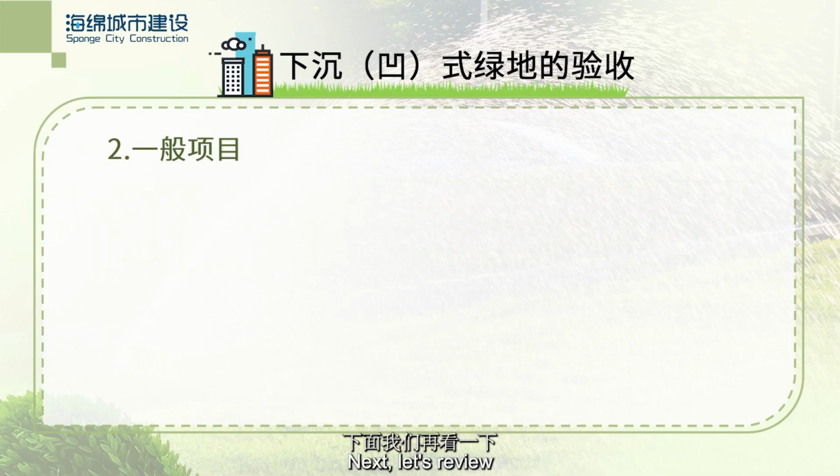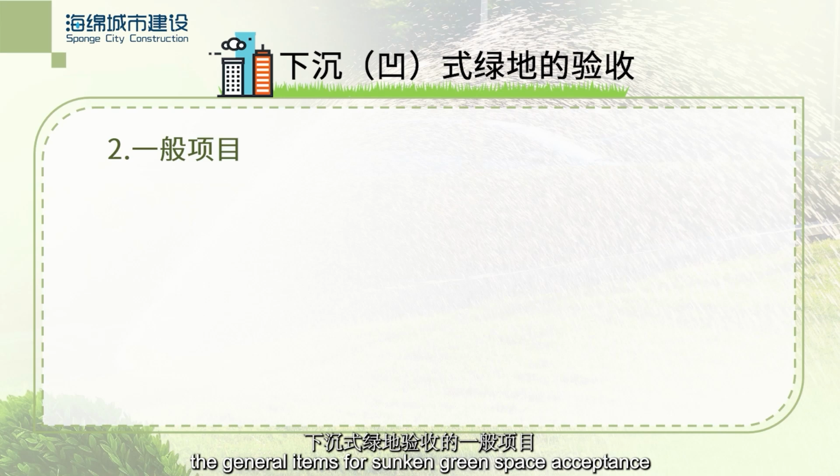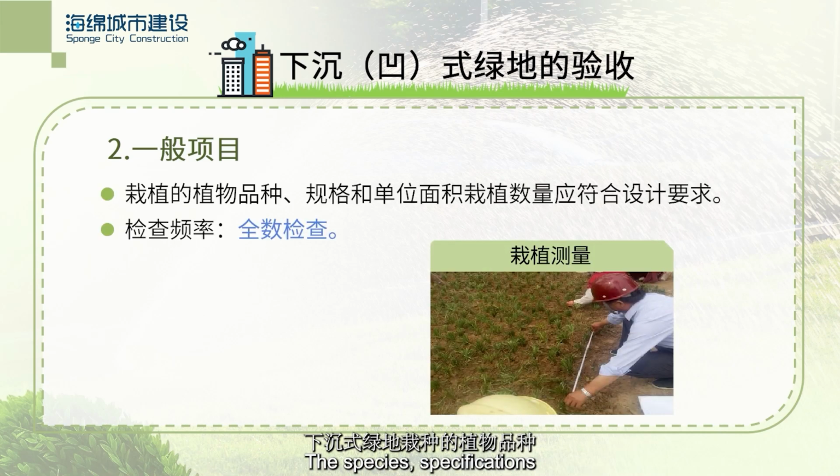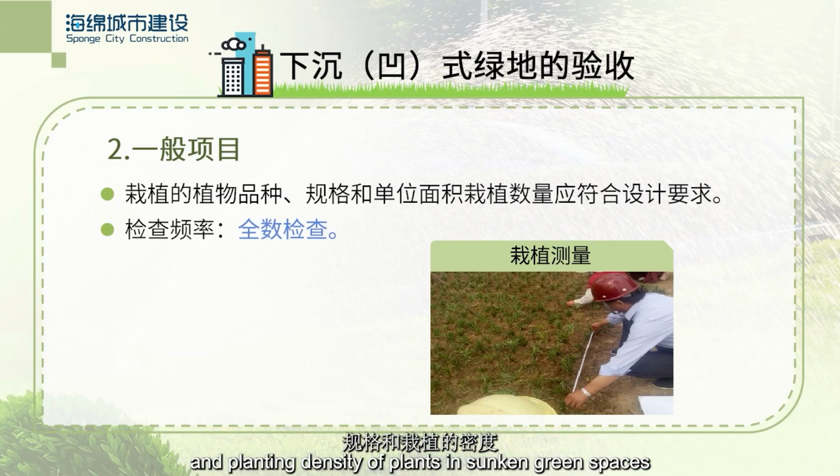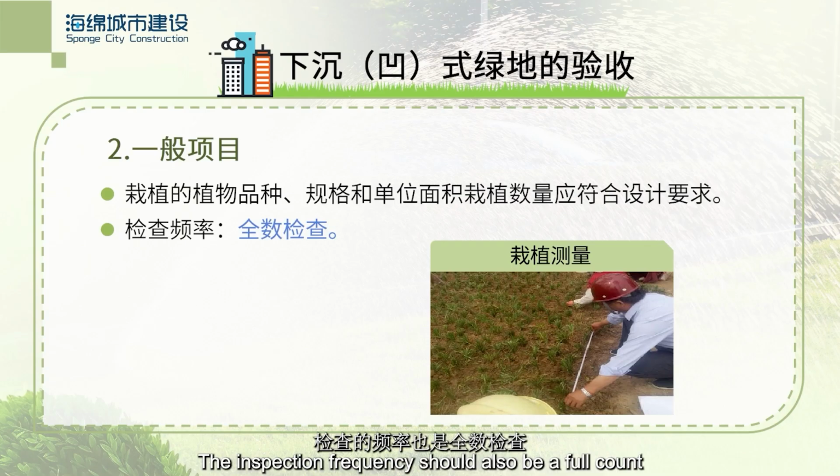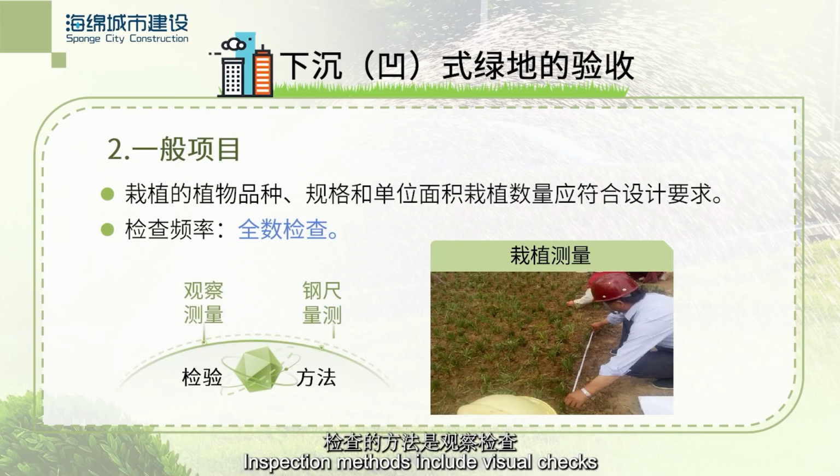Next, let's review the general items for sunken green space acceptance. The species specification and planting density of plants in sunken green spaces should meet design requirements. The inspection frequency should also be a full count. Inspection methods include visual checks and steel tape measurements.